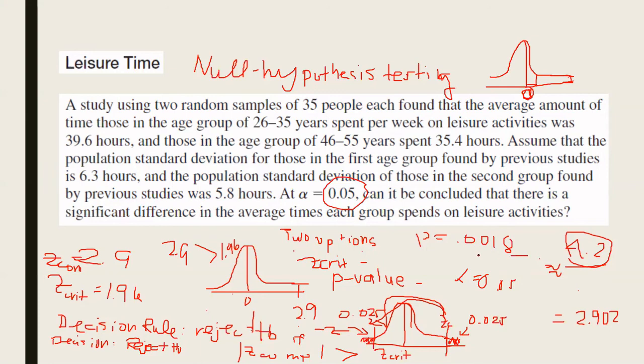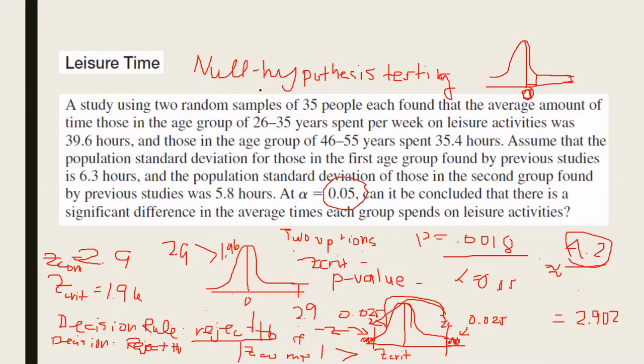So therefore, since this is less than 0.05, then we reject H0. And the decision, of course, is reject H0. And the conclusion is, you have to state it completely: there is a significant difference in the average times each group spends on leisure activity, just to be complete.